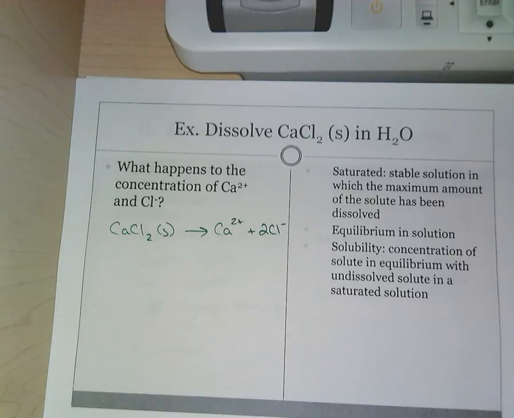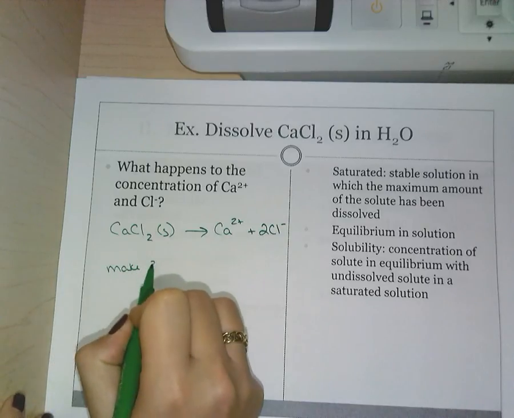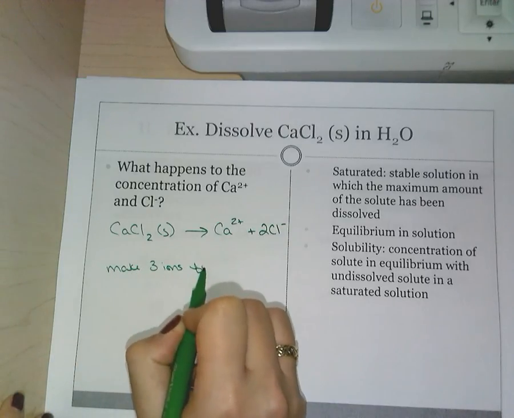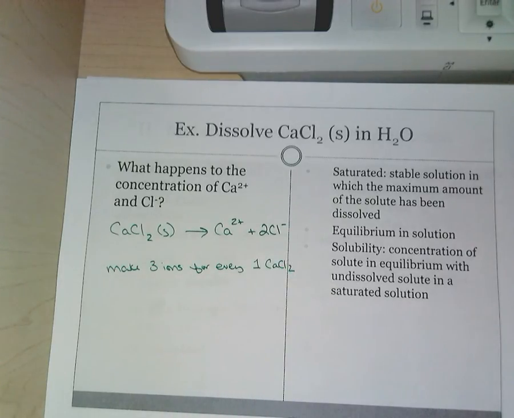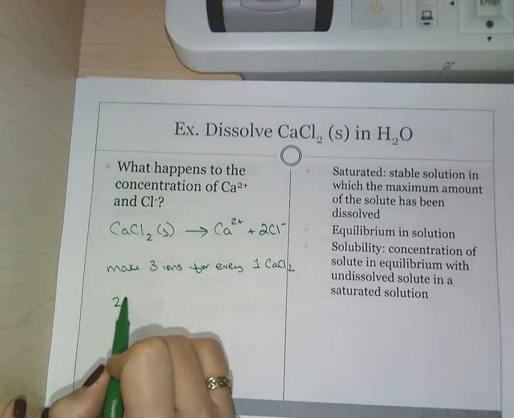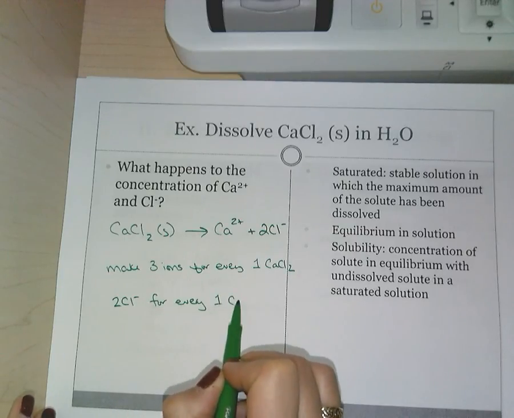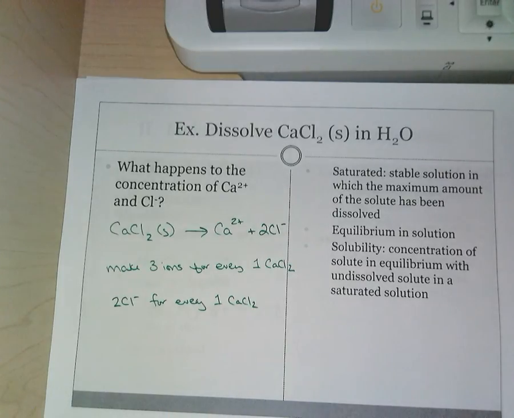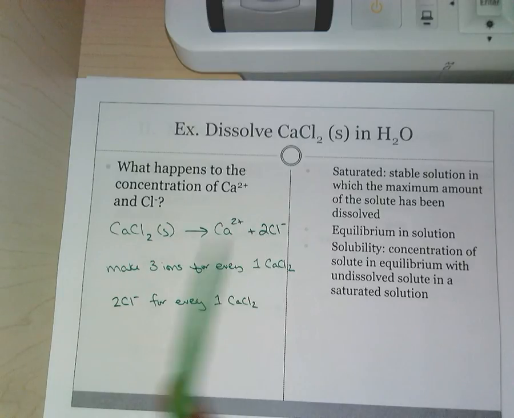Right, you make 3 ions for every 1 molecule. All right, we're going to make 2 chloride ions for every 1 calcium chloride. Seems obvious now that we're talking about it, but when we do some problems later, you'll have to remember that we put in 1 molecule of this, we get out 2 chloride ions. So that silly stoichiometry comes back to get you.